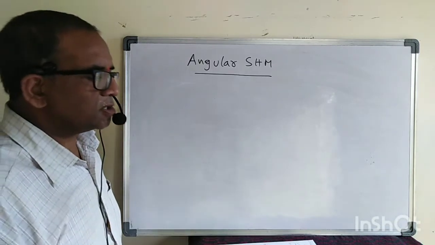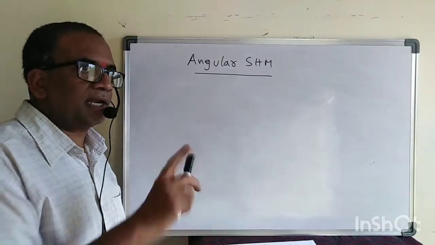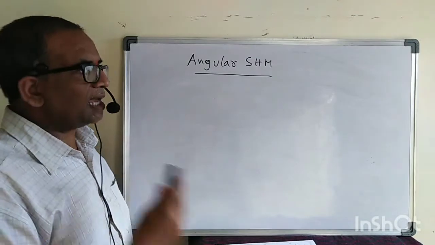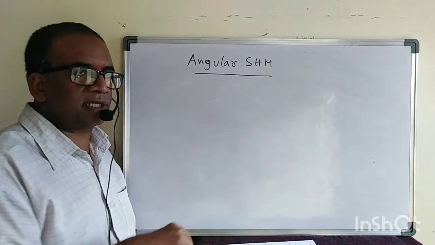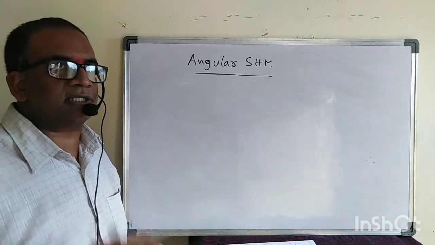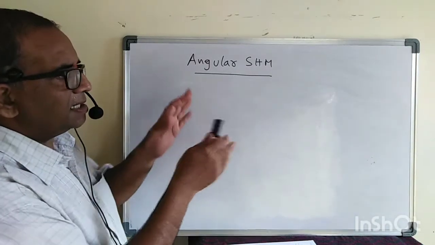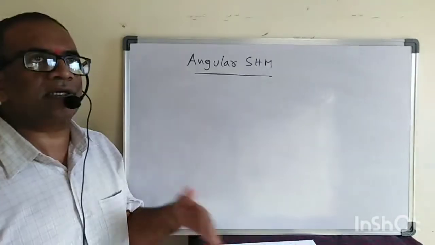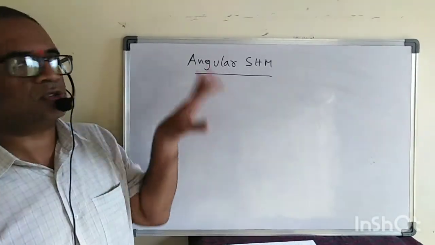And instead of force here, we use torque. The torque case is applied in angular SHM. The force case is applied in linear SHM. I will discuss that regarding the torsional pendulum. I will tell you how the torque is used here.